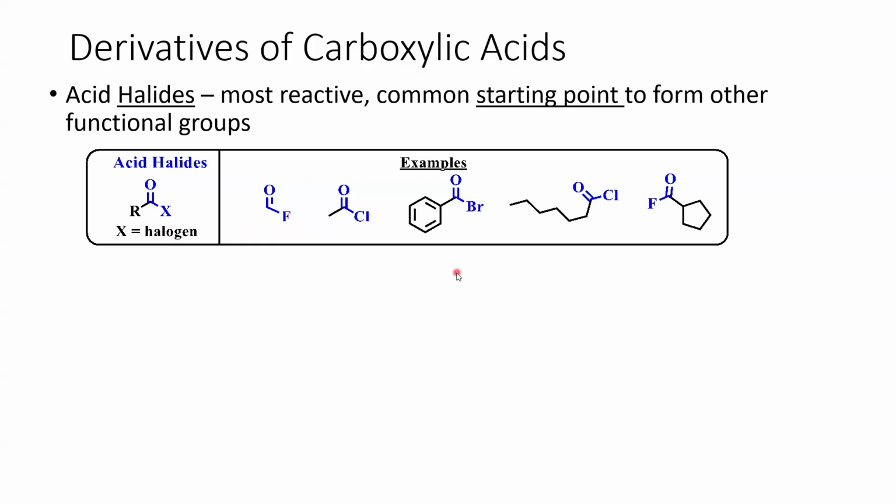And one of the most important things to know about acid halides is that they are very reactive. Okay, so they are often a starting point in organic synthesis. If you want to make something, a lot of times you'll start with an acid halide and then go from there. So acid halides are the most reactive. It's a common starting point to form other functional groups.